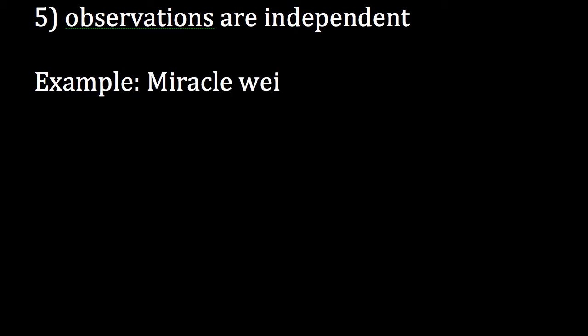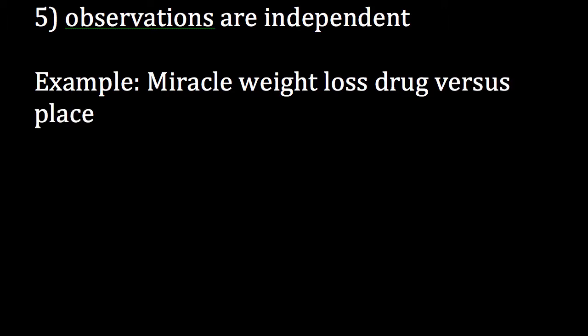So let's do an example, and we'll do some calculations using the t-test, and this will help us really see the process of statistical tests a little bit easier. So in our first example, we're testing a miracle weight loss drug versus placebo. And so patients are going to be randomized to one or the other. We have 41 patients in both groups.